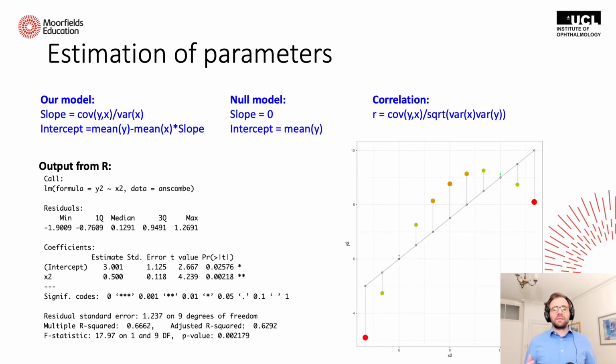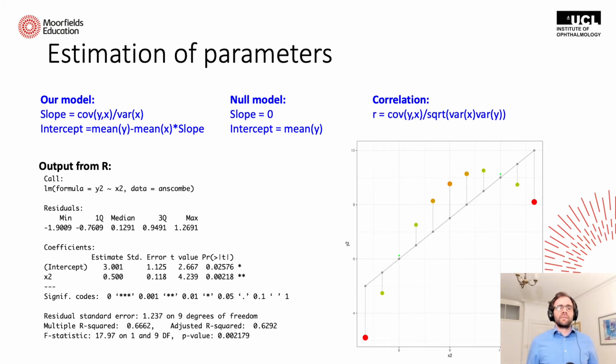For the actual estimation of the slope and the intercept, if you're doing a univariable linear regression, which we have here, two-dimensional, you can calculate the slope yourself by hand. It's just the covariance of the y and the x divided by the variance of the x, and the intercept is defined as you can see there.